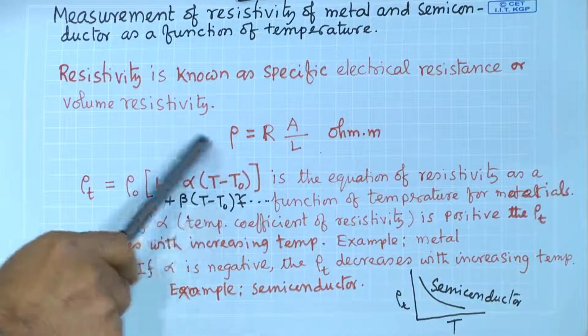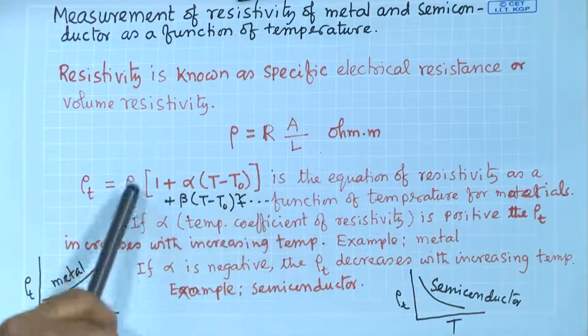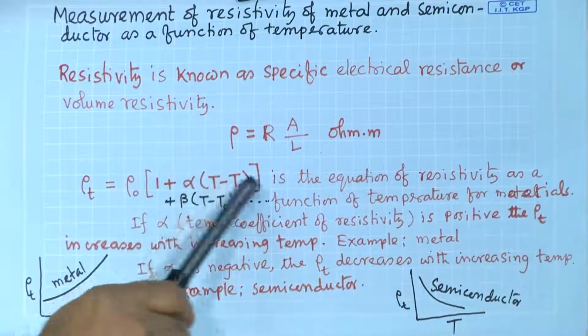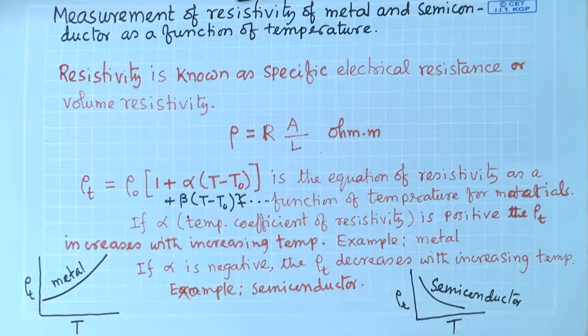So, in case of metal, this alpha is positive, and in case of semiconductor, this alpha is negative. But this is a polynomial; it does not depend only on the first order. There is the effect of other terms also. It comes in various forms, in some cases logarithmic, it can be exponential.